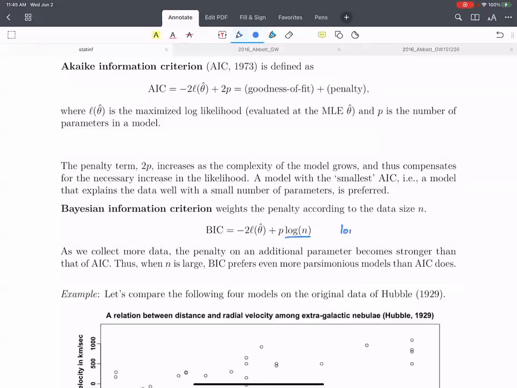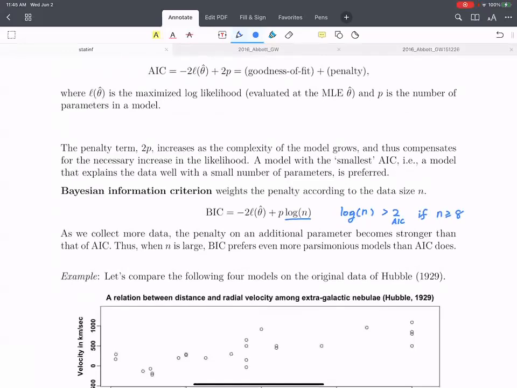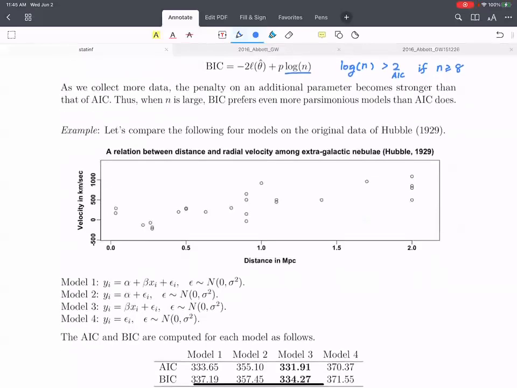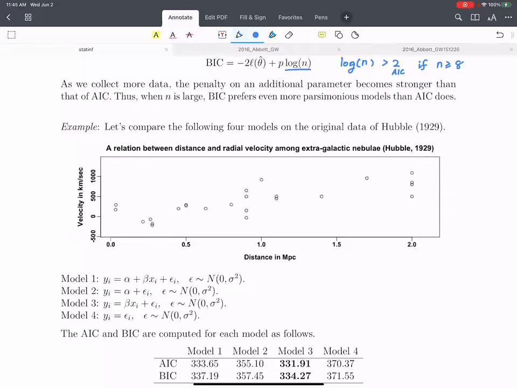So log of n, ln basically, will be greater than 2, which is from AIC, if the data size is greater than or equal to 8. So in many cases, with a reasonable size of data, BIC will prefer more parsimonious models than AIC does. So here is an example. I can go over this in 1 minute.